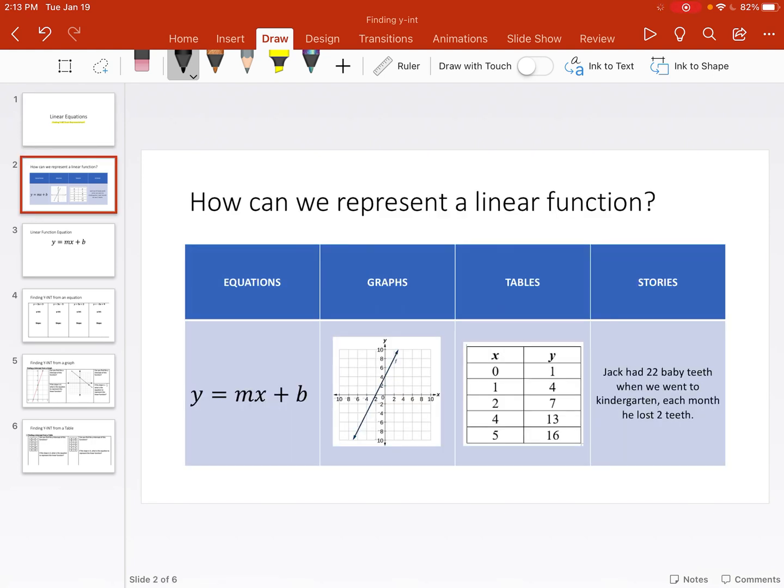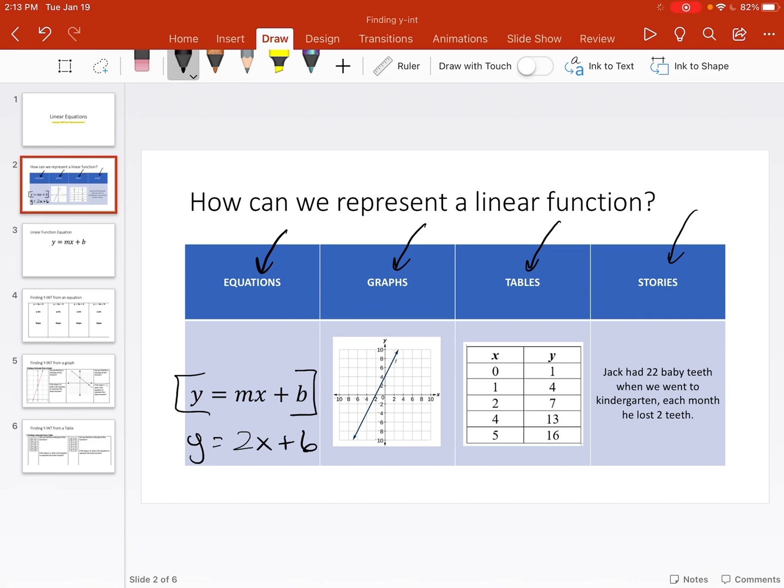But first off, there are 4 different types of representations for linear functions. That is equations, graphs, tables, and stories. Again, equations is something we've seen before. It is set up in y equals mx plus b, or like y equals 2x plus 6.